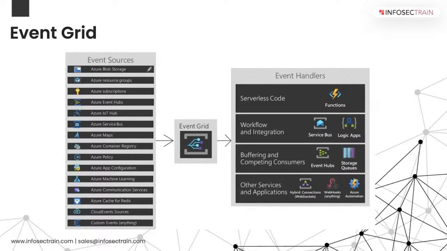event over here. So in this one, you can see in the source there is blob storage service, like we'll be using the storage service, different subscriptions, IoT services, machine learning, cache, different things. They can generate any kind of event. And then those events are being passed to the Event Grid.